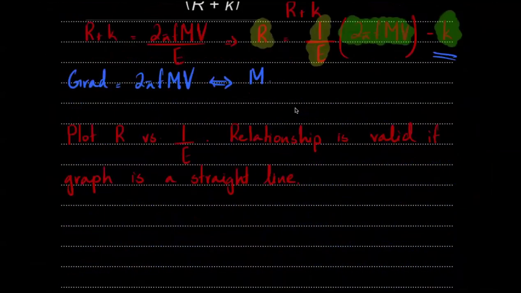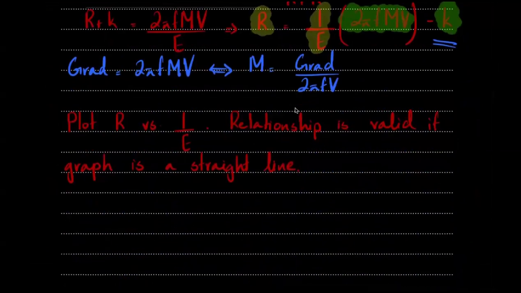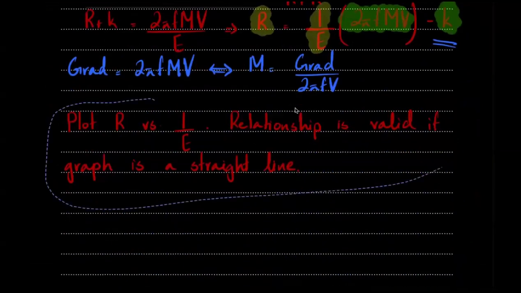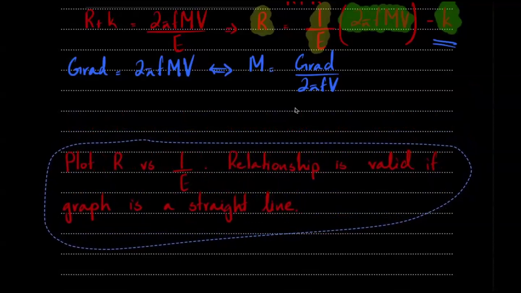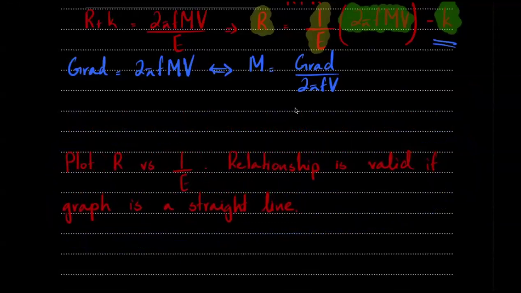So m is gradient over 2 pi fv, right? Similarly, for the y-intercept, I can see that the y-intercept is minus k, but I should make k the subject. So if the y-intercept is minus k, this means that k is the negative of the y-intercept. If you do not do this step, you will lose marks. Even if your expressions for the gradient or the y-intercept are correct, if you do not do this, you will lose marks.